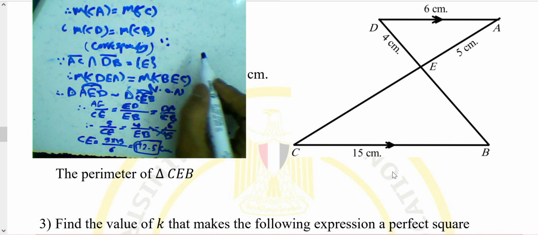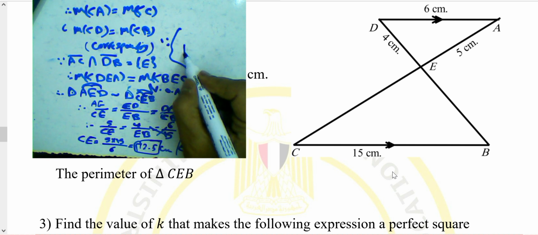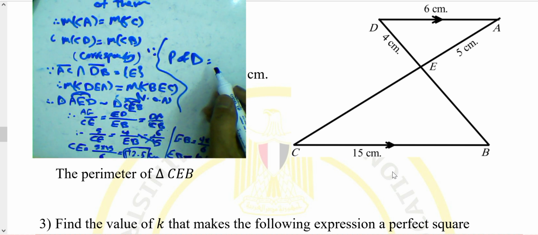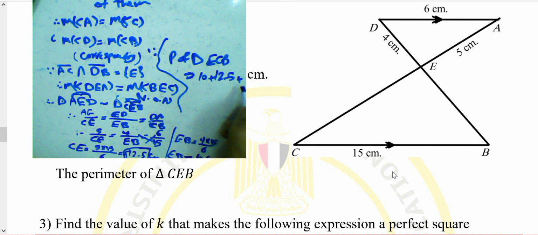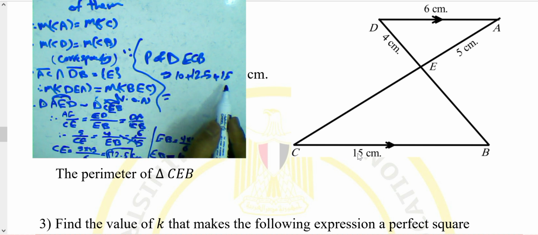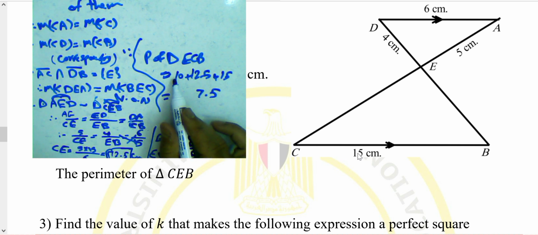Then we can find the perimeter of the triangle. What is the name of the triangle he wants? Triangle ECB. The perimeter equals 10 plus 12.5 plus the third side, which is 15. We add them together to find the perimeter.